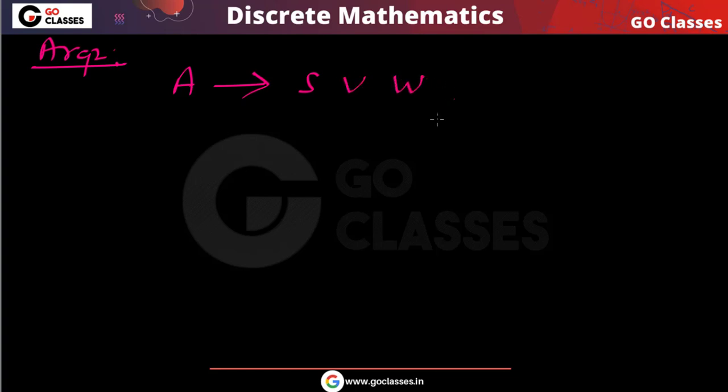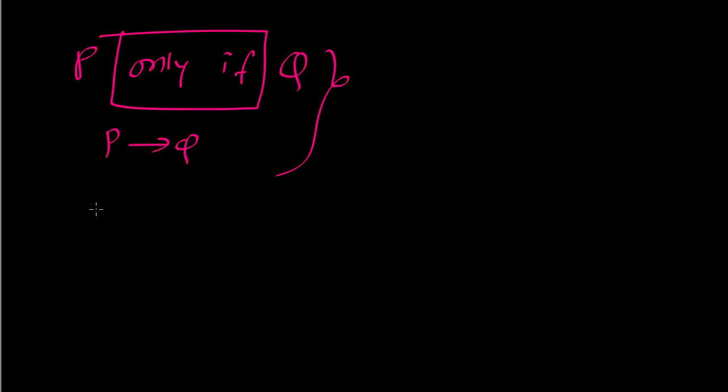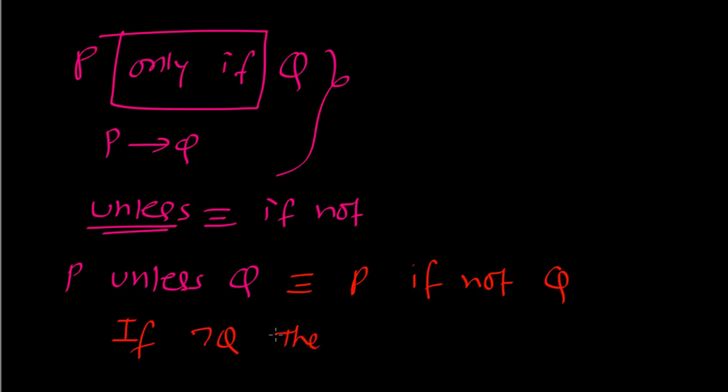Now, the enemy is not taken by surprise unless he is overconfident. We have already seen what unless means: unless simply means if not. For example, p unless q means p if not q, so if not q then p.